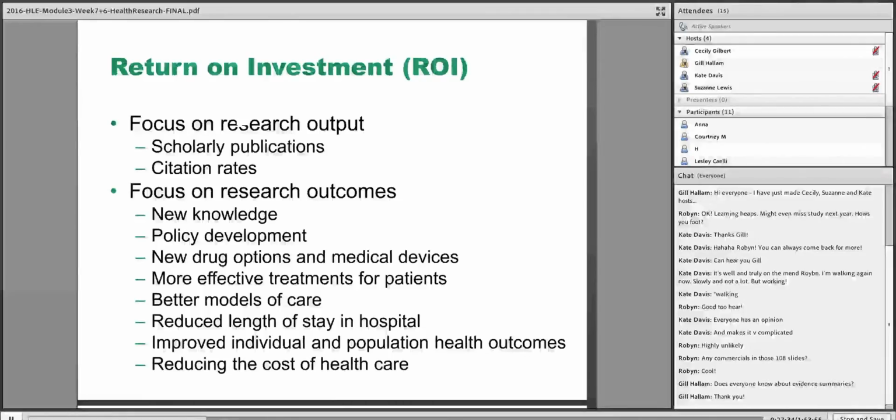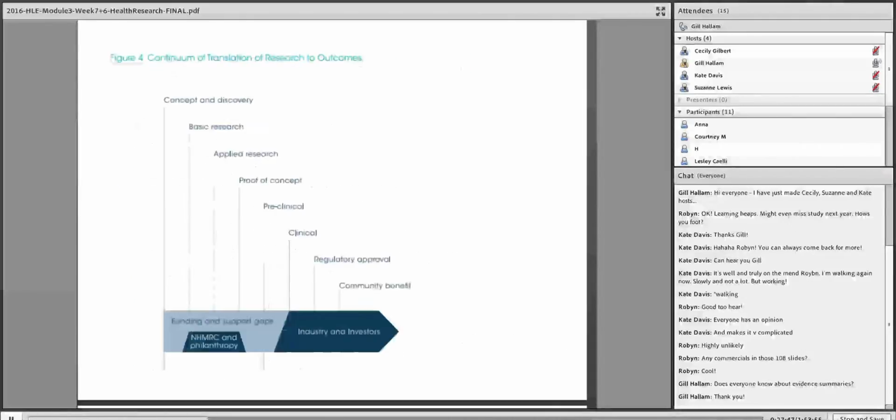And then overarchingly, the health outcomes for both individuals and the population as a whole. And ultimately, the goal of some of the research is to reduce the direct costs of healthcare overall. So that's things to consider there.